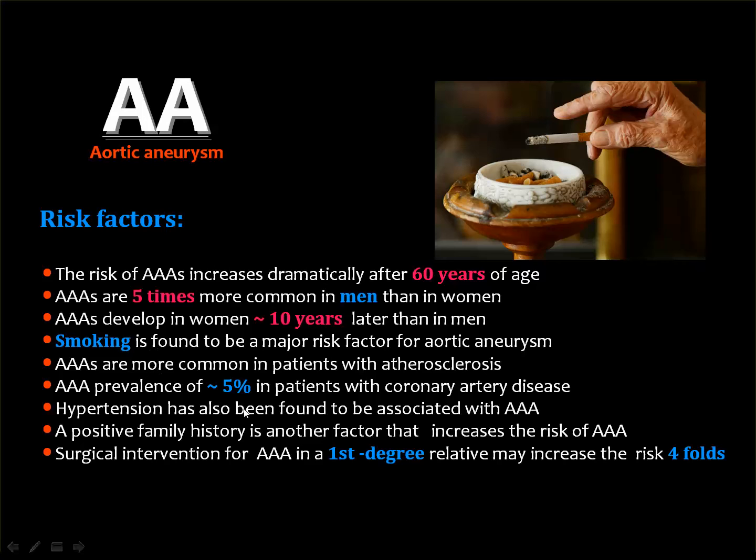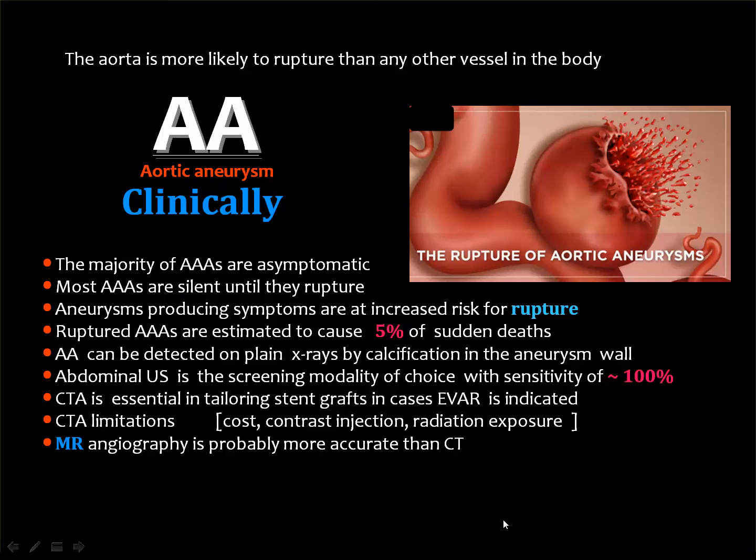Smoking is one of the major risk factors for aortic aneurysm. Also arteriosclerosis. Smoking is also a risk factor for arteriosclerotic disease. Hypertension, positive family history, and also surgical intervention for abdominal aortic aneurysm in a first degree relative may increase the risk fourfold of developing aortic aneurysm.